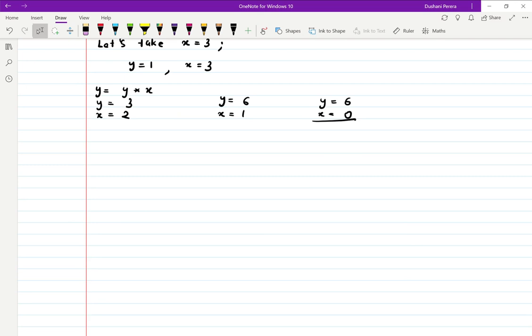So here, as you see, we need an additional variable to capture how the final values of these variables relate to the initial values, because the value of x changes from 2 to 1 to 0. So we need to capture how the initial values of these variables change during the execution of the program.